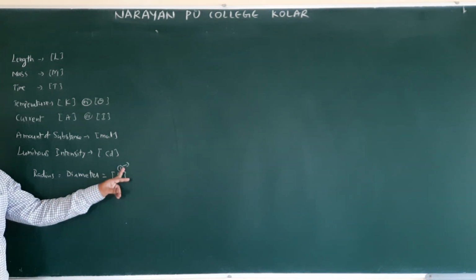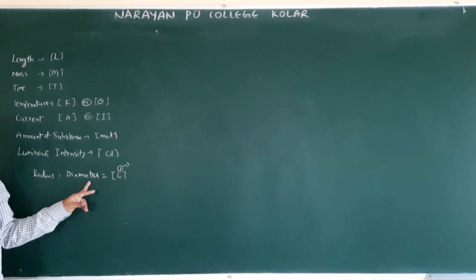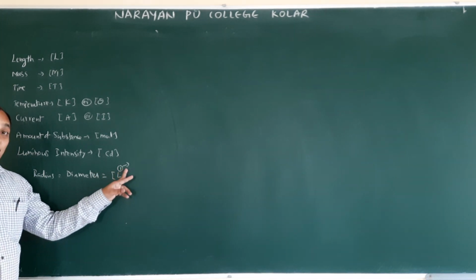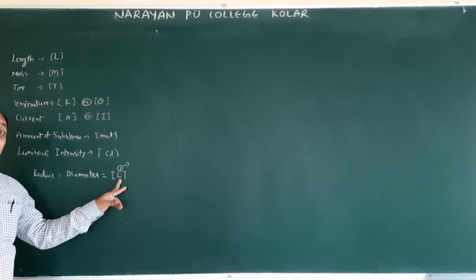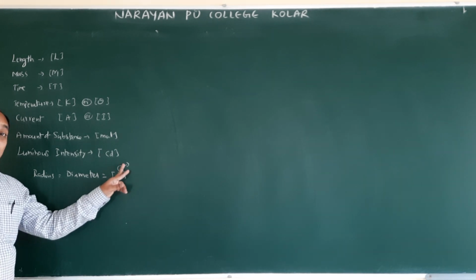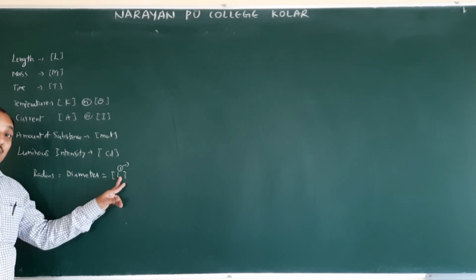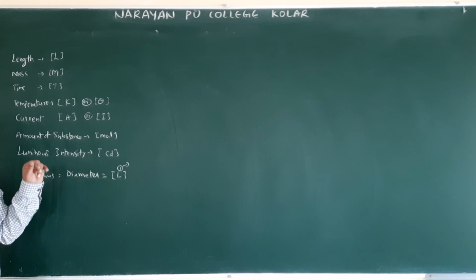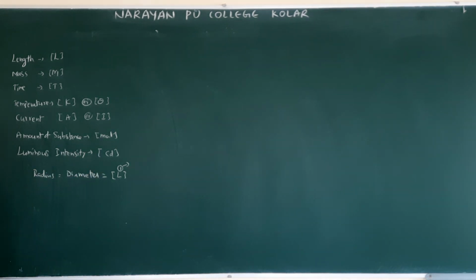So what is the definition of dimension? The powers up to which base quantities or fundamental physical quantities should be raised to represent a physical quantity are called dimensions.